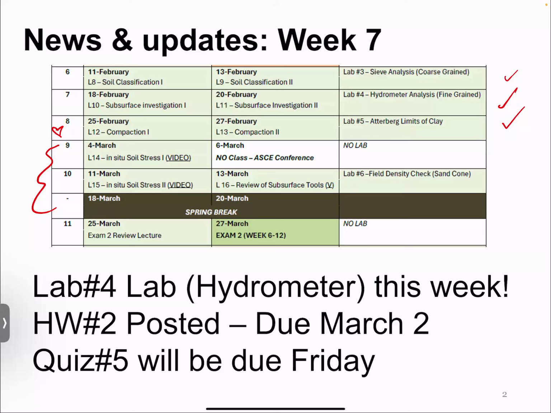Other things this week, our lab number 4, the hydrometer, is this week. So you'll be working with Joseph in that. Your homework number 2 has been posted. Half of it is based off of soil classification, and then the other half is what we're covering this week. But I made it due March 2nd, so you guys should have plenty of time for that. And then a normal week, which means we have a quiz, and that'll be due this Friday. So just putting that on your radar.